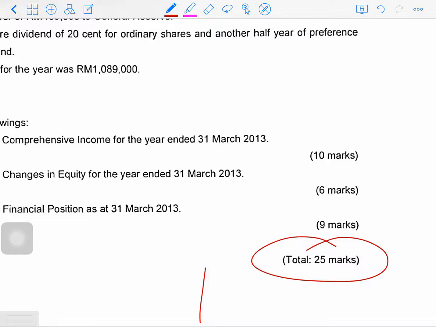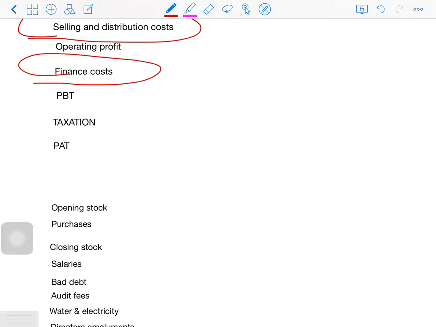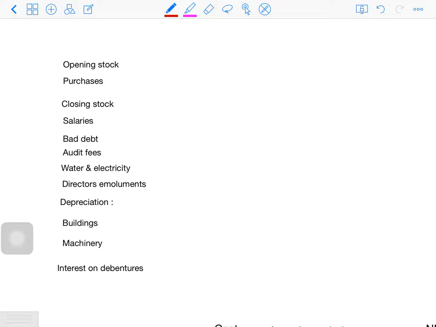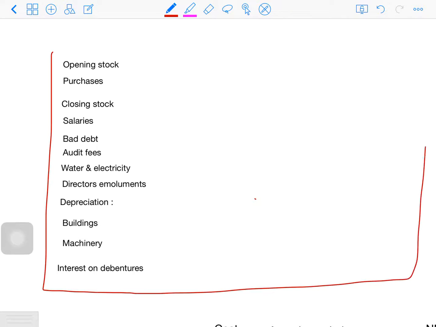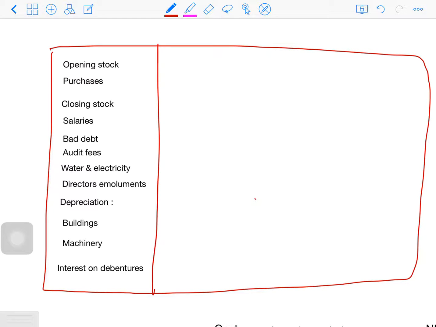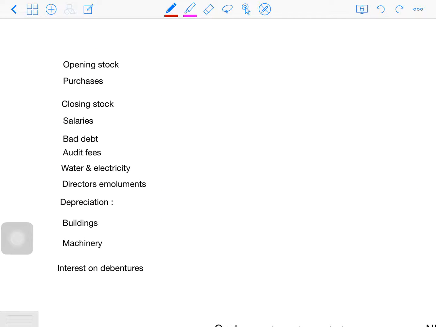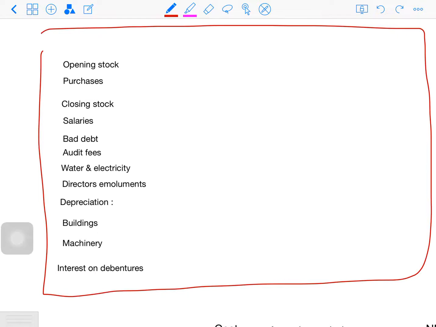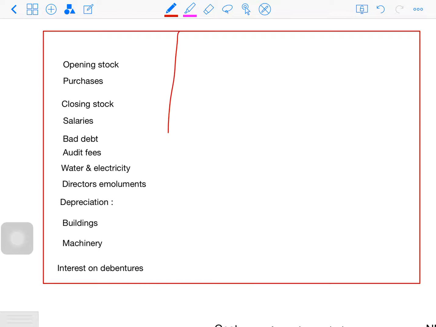In order to do this, I recommend you do some working by having a table to categorize all the expenses. Just do about 4 columns.